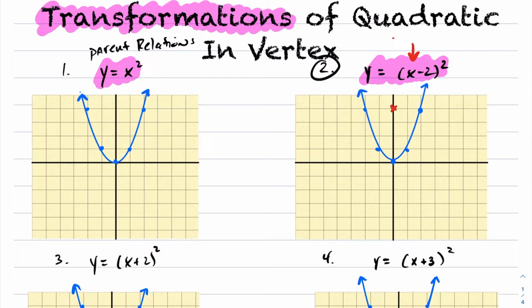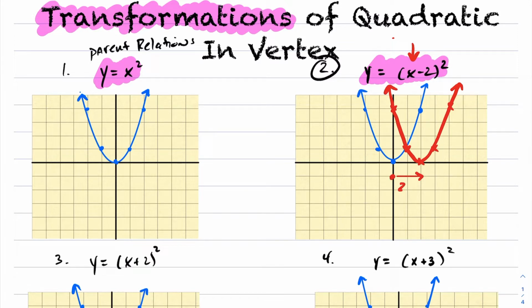If I let x be a 1, that would output a 1. You'd have negative 1 quantity squared. If I let x be 2 this time, we actually would get a 0. If I let x be 3, 3 minus 2, quantity squared is 1. And lastly, if I let x be 4, we would output a 4. So connecting these points together, we see our parabola is now shifted over.